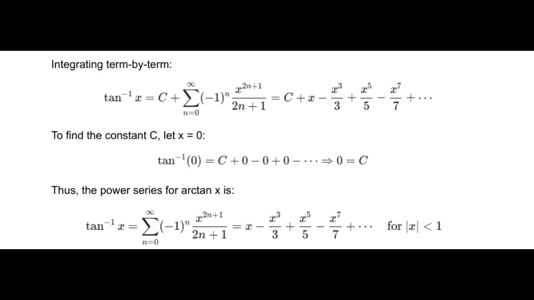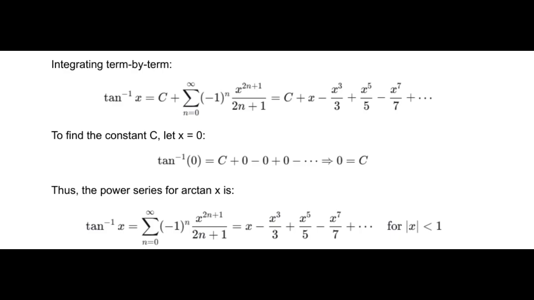Integrating term by term, we have arctan x equals C plus the summation of negative 1 raised to n times x raised to 2n plus 1 over 2n plus 1, which equals C plus x minus x cubed over 3 plus x to the 5th over 5 minus x raised to 7 over 7, and so on and so forth.